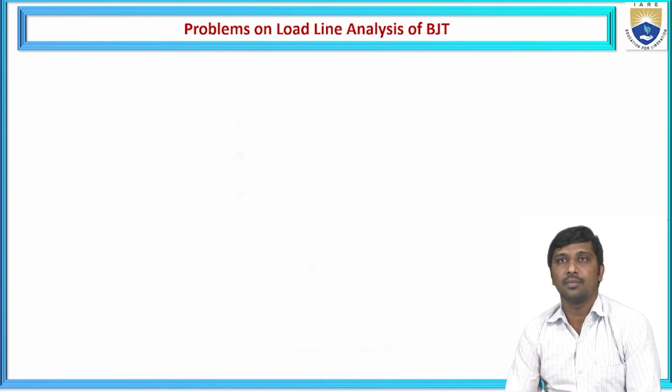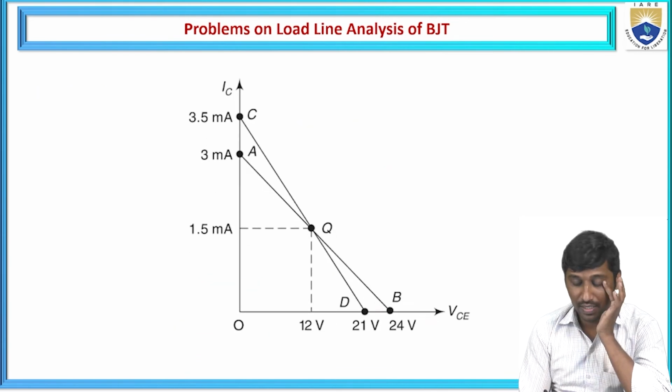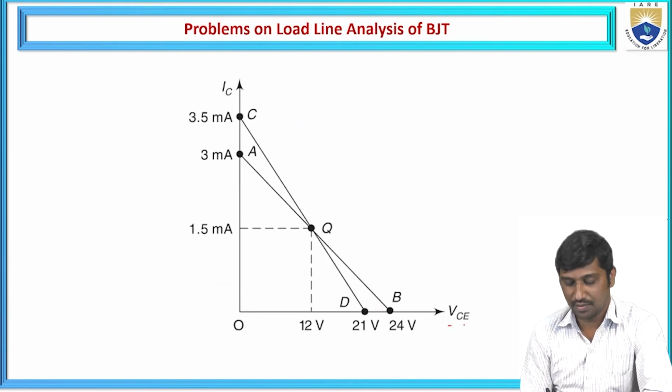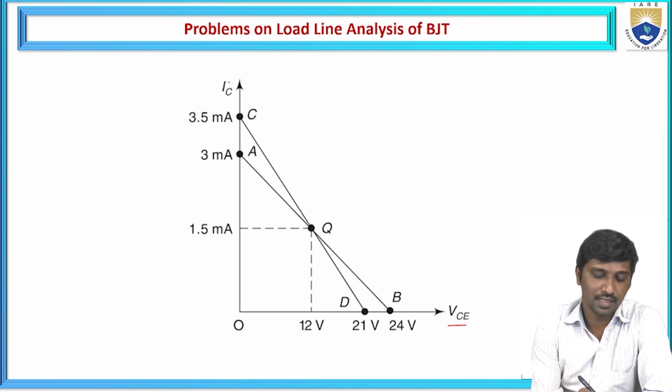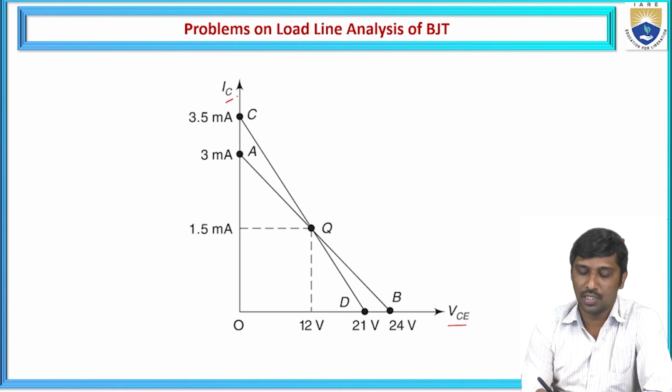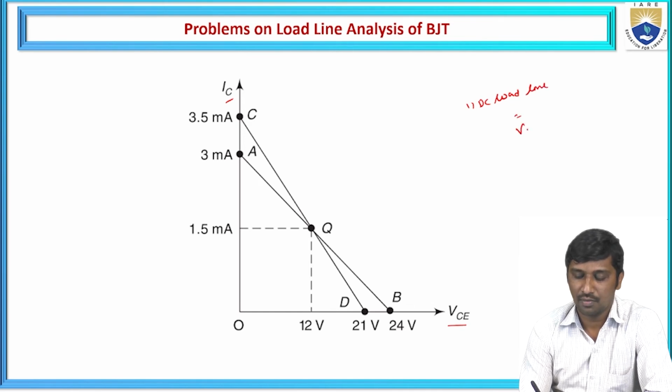Here the x-axis is represented as VCE and the y-axis is represented as the collector current. First we need to draw the DC load line. What are the DC load line parameters? We observe that VCE is equal to VCC, which is 24 volts, and IC is equal to VCC by RC, that is 3 milliamperes.